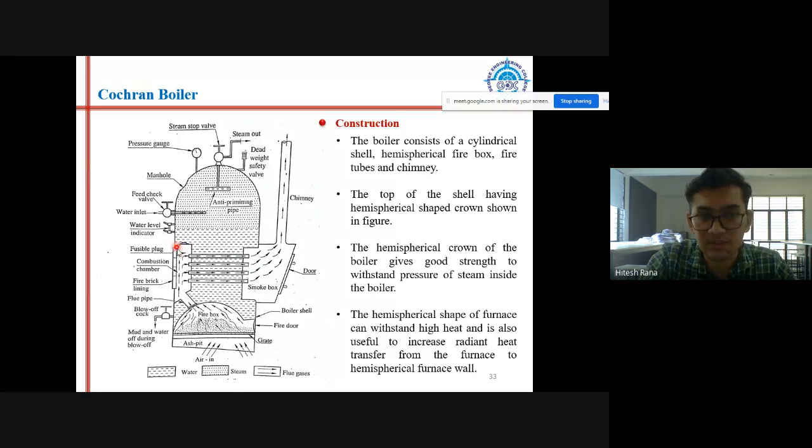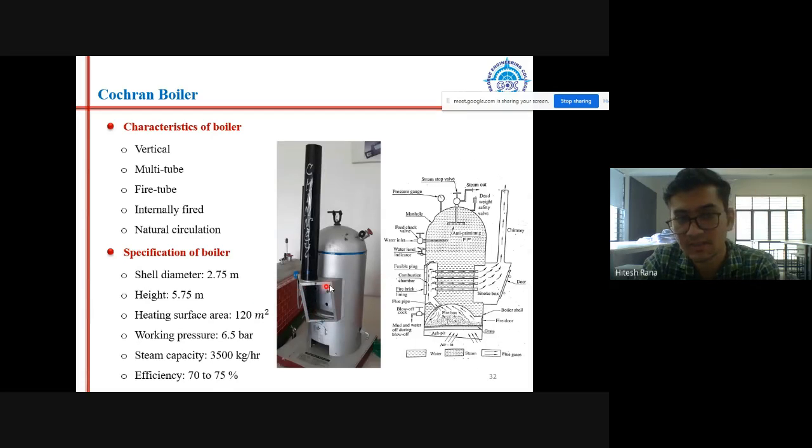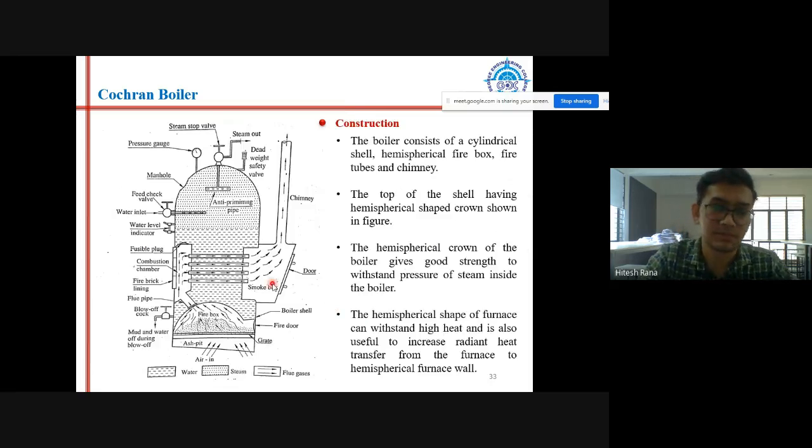Now this combustion chamber is connected to the smoke box. On the left side, this space is the combustion chamber, and on the right side, this space is the smoke box. You can see this box is actually the smoke box.